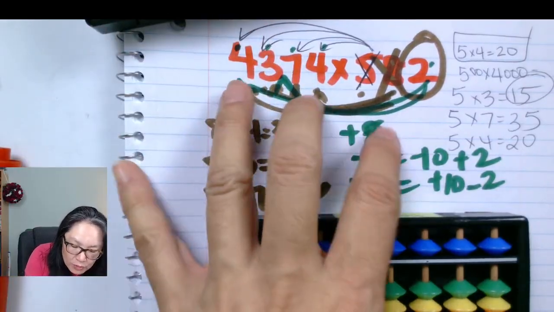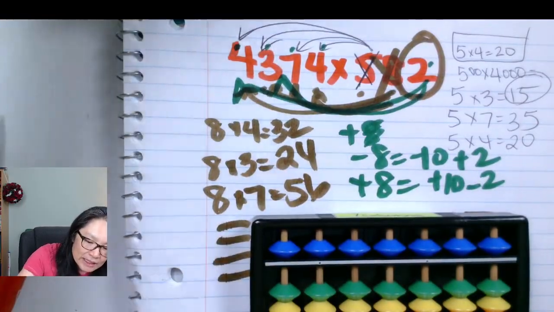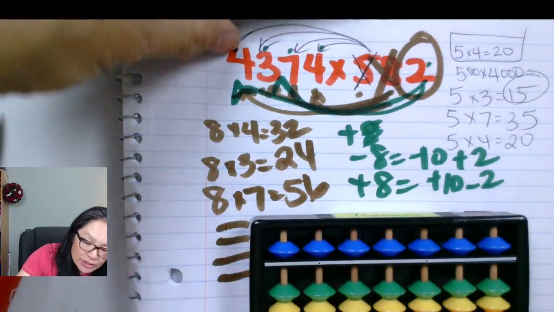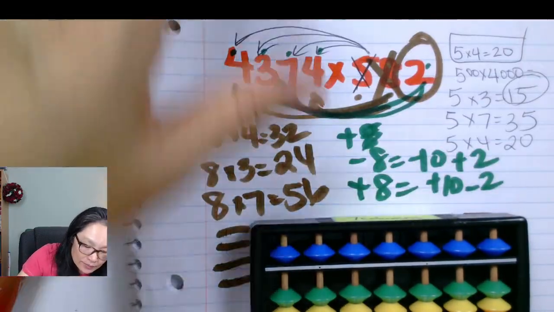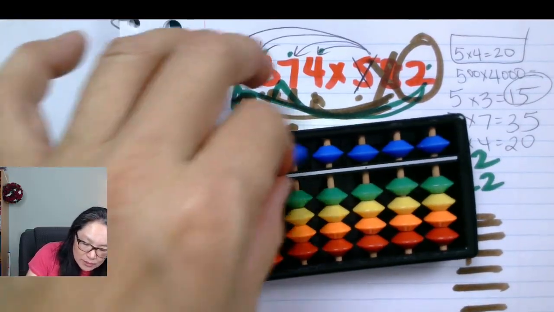You can do bigger multiplication and division on the 13 column one. But I think the 23 one is too much. I think 13 is a good number. 7 I think is too small. And that's a pity.